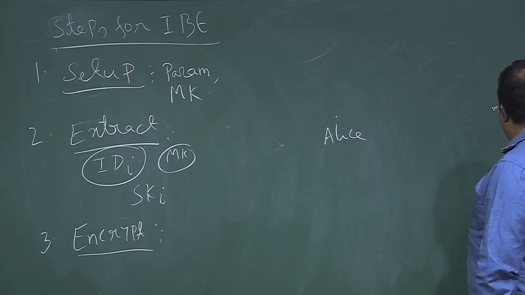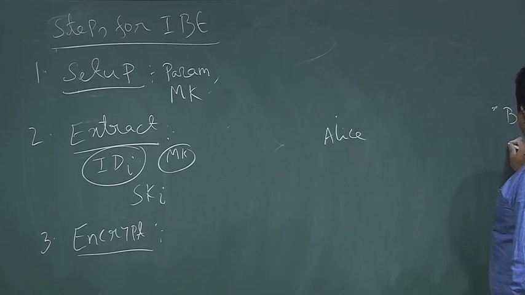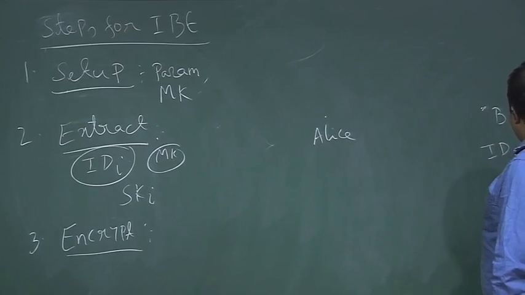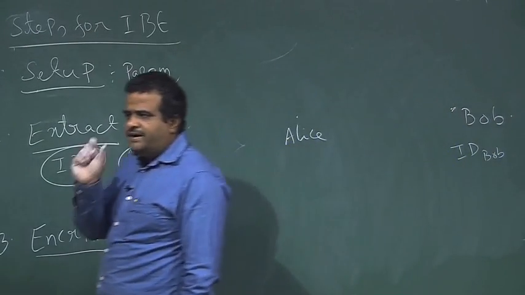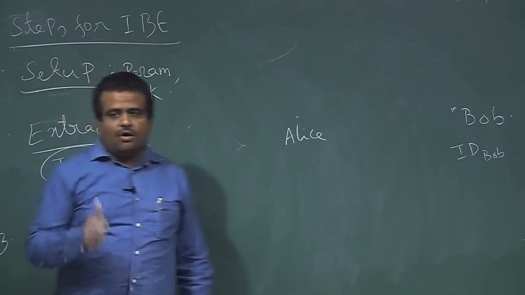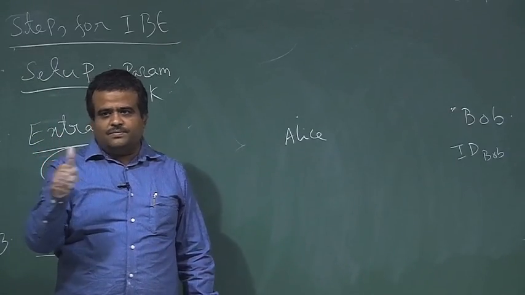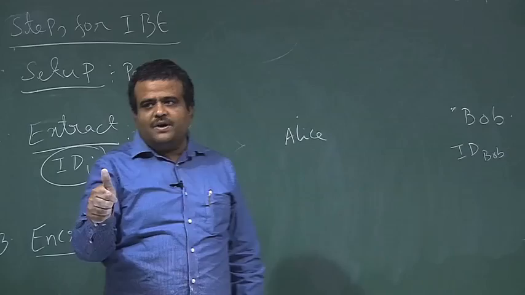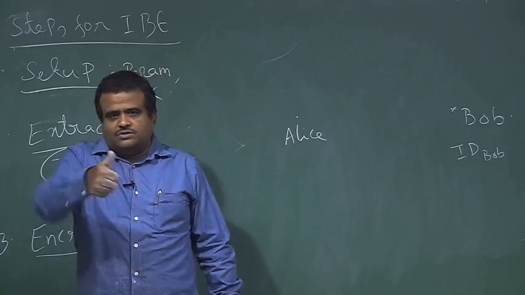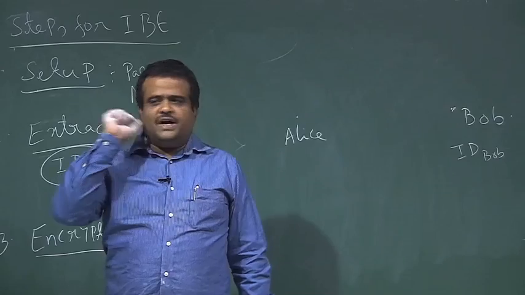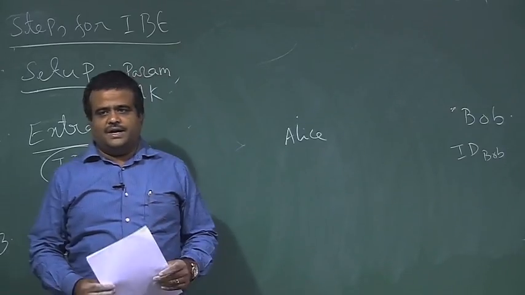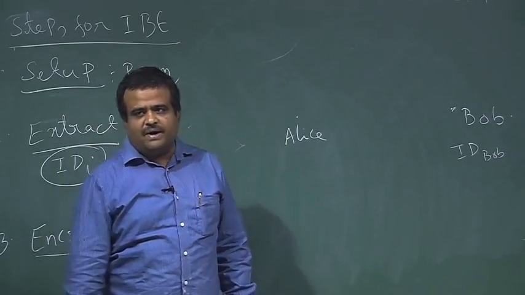Bob has his ID. This could be an email ID, a unique identification number, or a fingerprint. The biometric fingerprint could be the ID of Bob. Any unique identification of that person is called ID, but it has to be converted into binary.